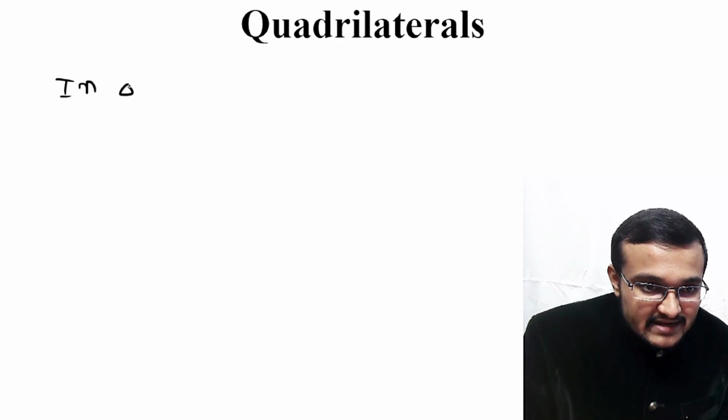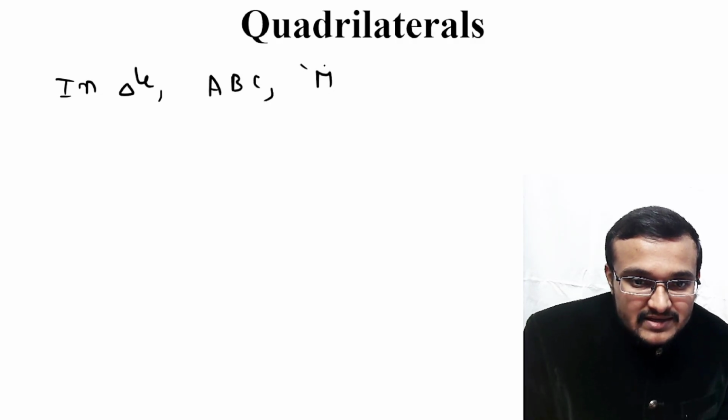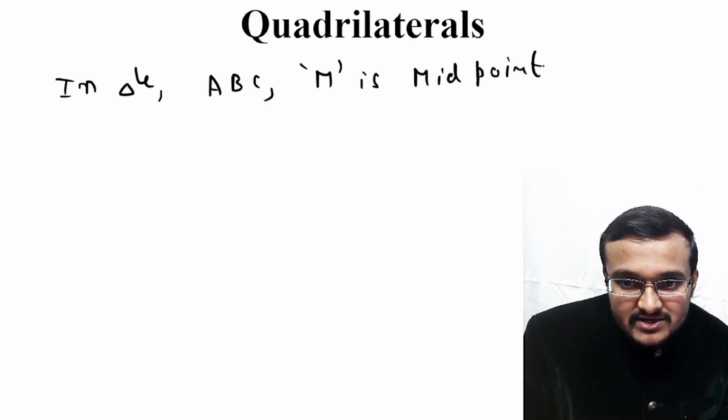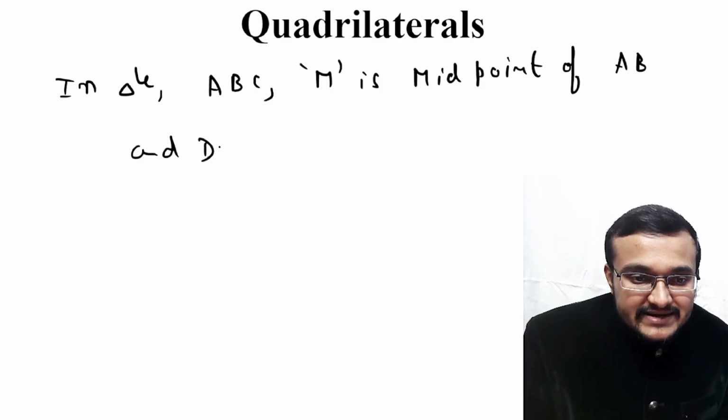So in triangle ABC, M is midpoint of AB, and DM is parallel to BC.